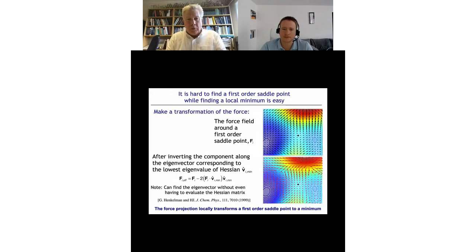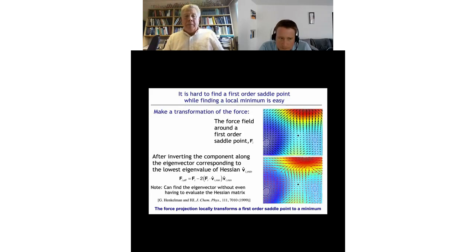So what you've done is you reversed the direction of the force along this minimum mode direction. And then you transformed the force field around the first order saddle point from what is shown here above to the one that's below. And the one that's below, all these red arrows, they're all pointing towards the first order saddle point. Whereas before, some of them were pointing away.